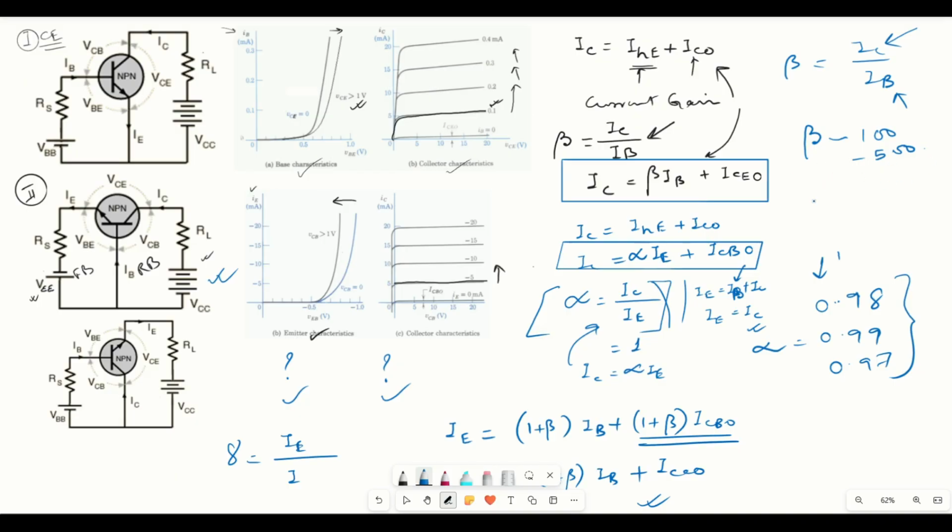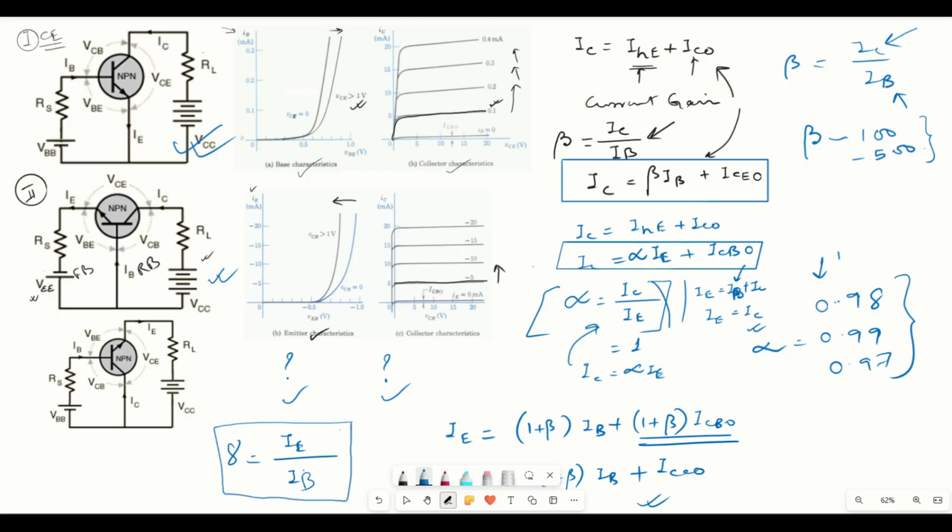So with such a large gain, this circuitry is preferred for amplifiers. Next, gamma is IE divided by IB.